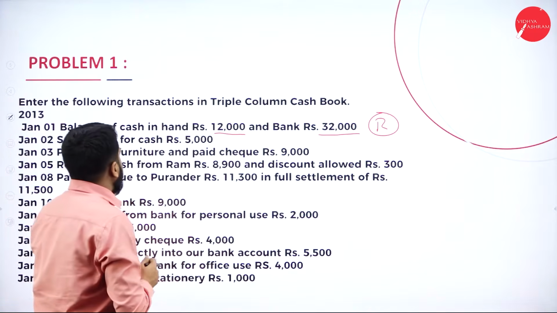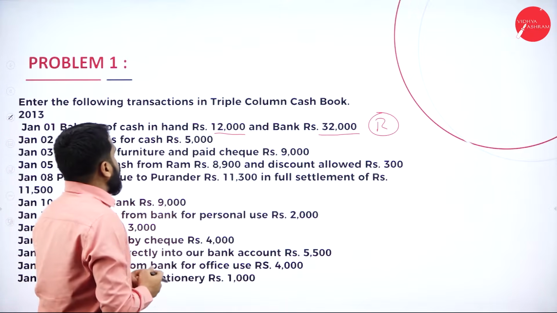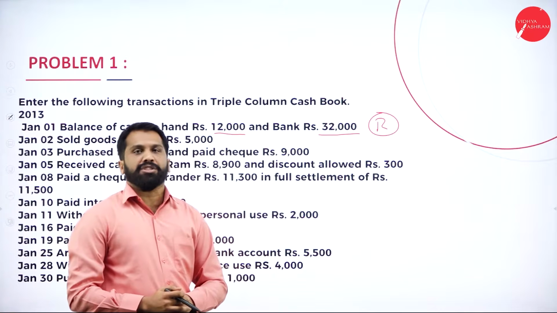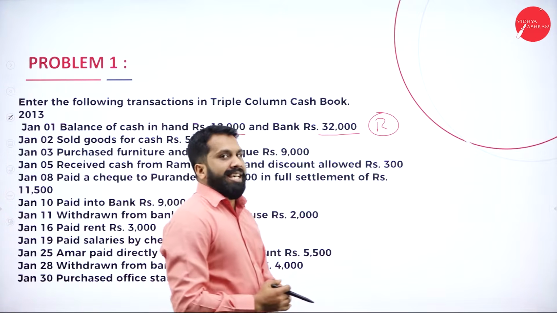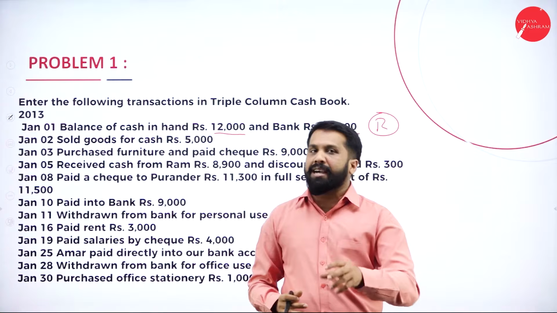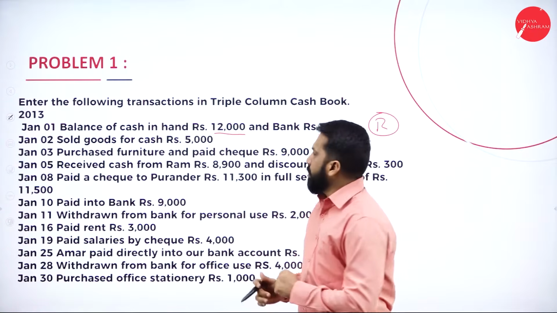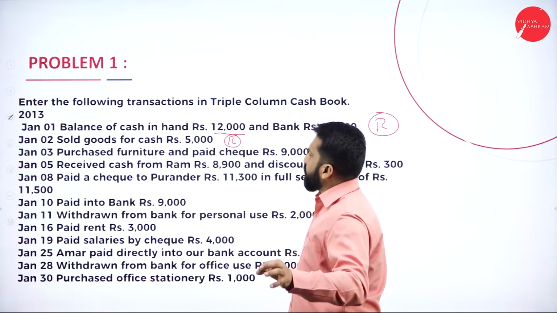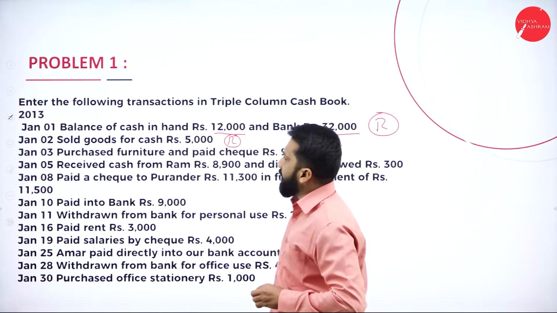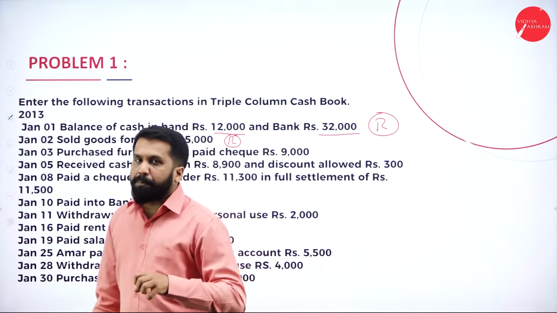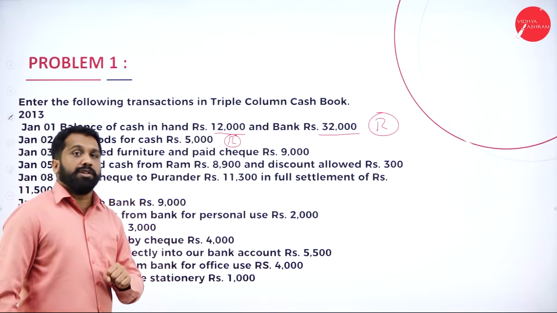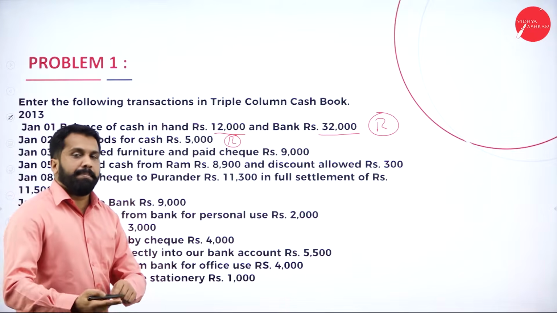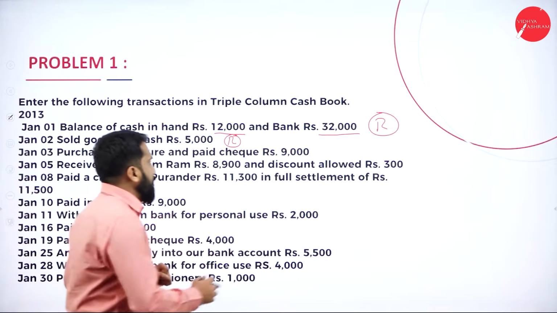Next, sold goods for cash. Whenever you sell your goods, you will receive money. So we call it a receipt. Next, purchased furniture and paid by cheque. Whenever you purchase furniture, you are supposed to pay money. So it is a payment.